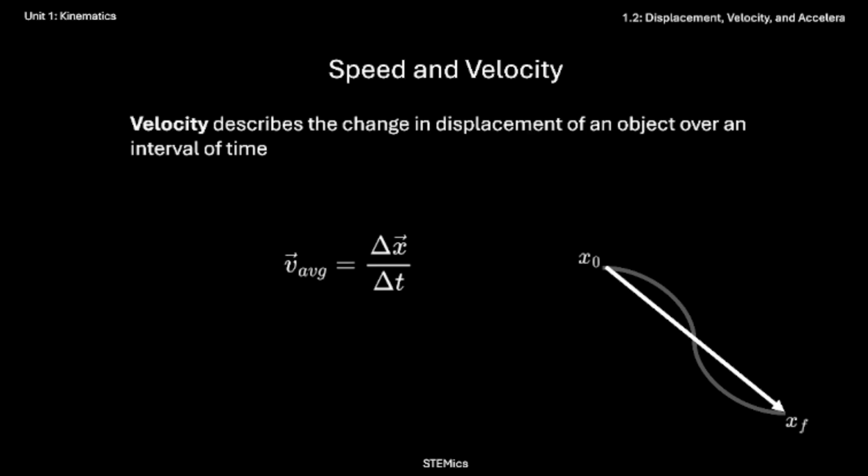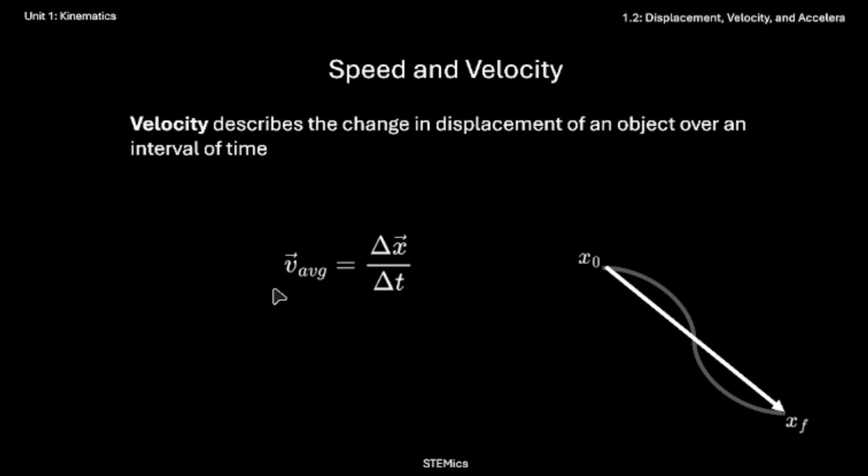So we can now start talking about velocity. It's the change in displacement of an object over an interval of time. So we have the average velocity equation. You will never have to discuss instantaneous velocity, which is the velocity at an instant in time, in AP Physics 1, unless it's in a qualitative sense.